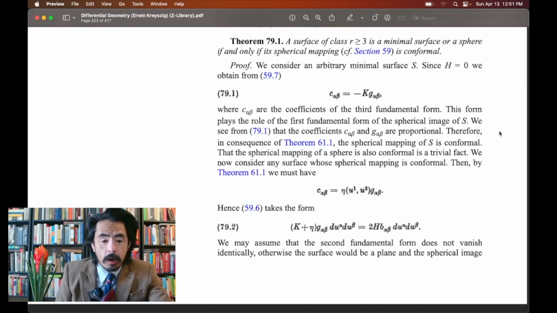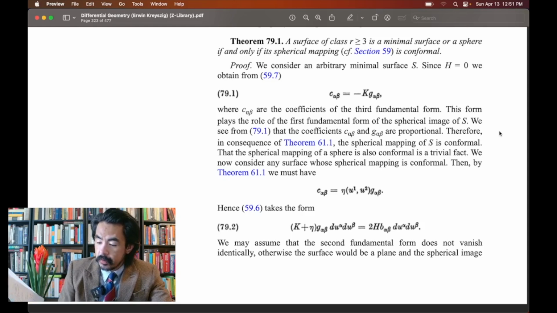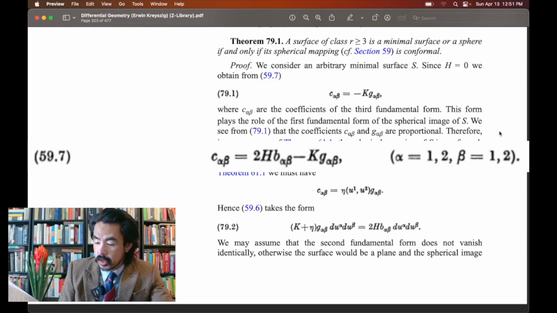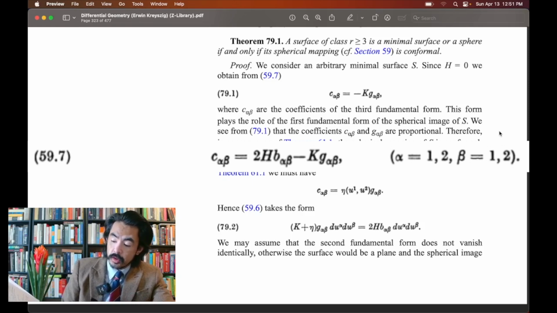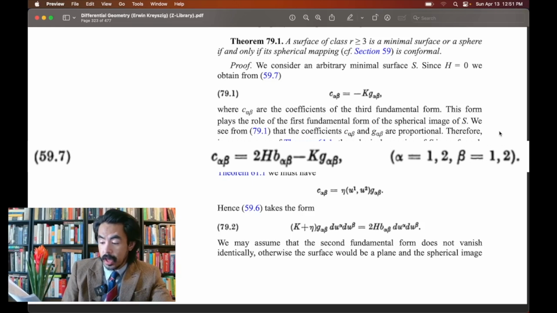We consider an arbitrary minimal surface capital S. Since capital H equals 0, we obtain from 59.7, which is just a statement of the coefficients of the third fundamental form, namely C sub alpha beta equals 2 times capital H times B sub alpha beta, then minus capital K times G sub alpha beta.